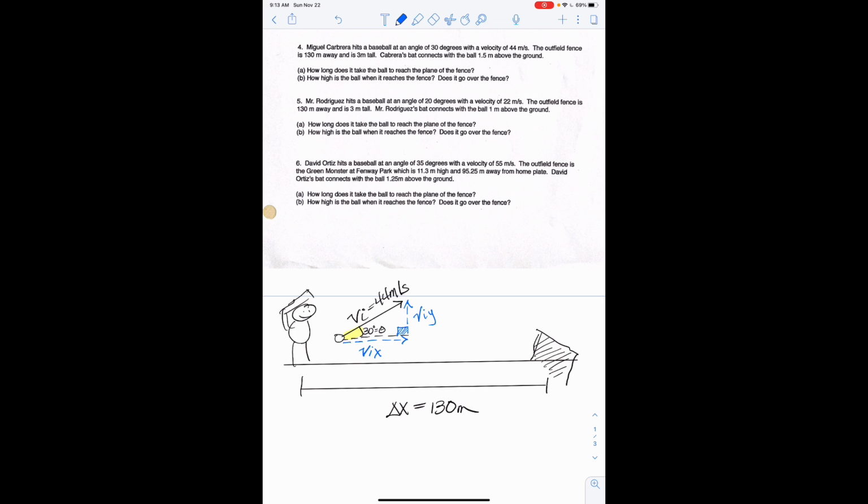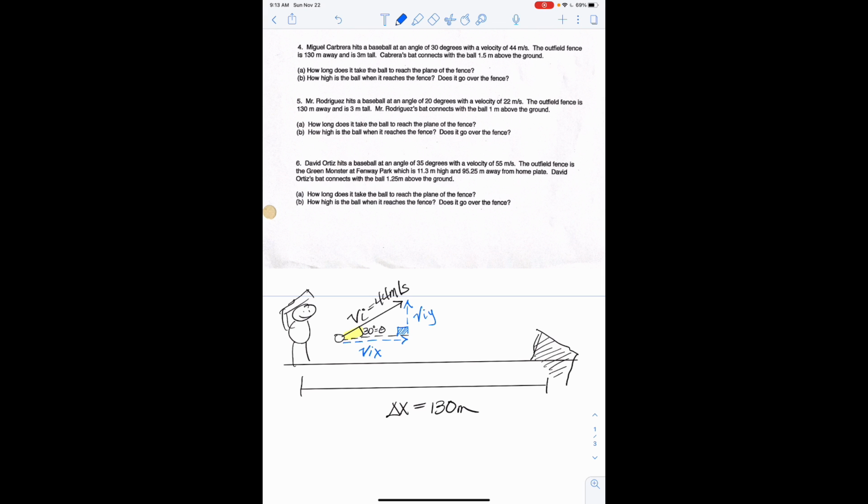That also makes sense because they're adding together to create VI. VI points up and right, and VIX should then point right, and VIY should then point up. I always draw them so my 30 degrees is inside of that component triangle that I made.